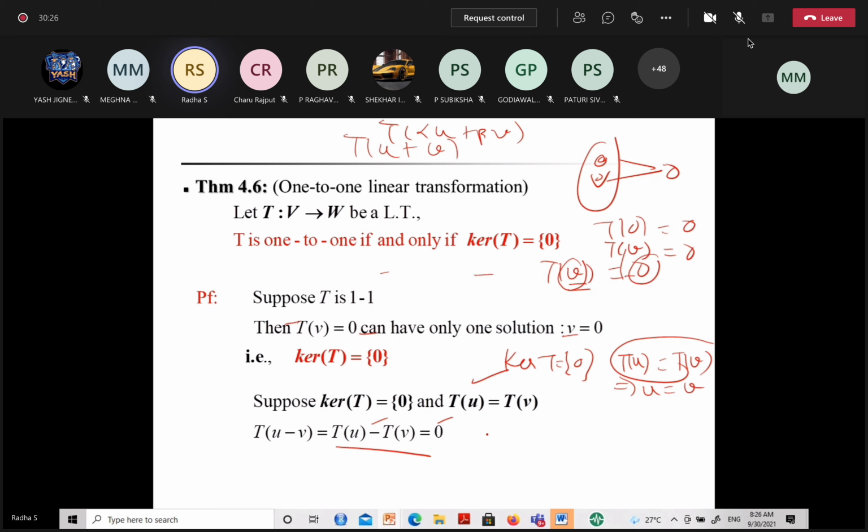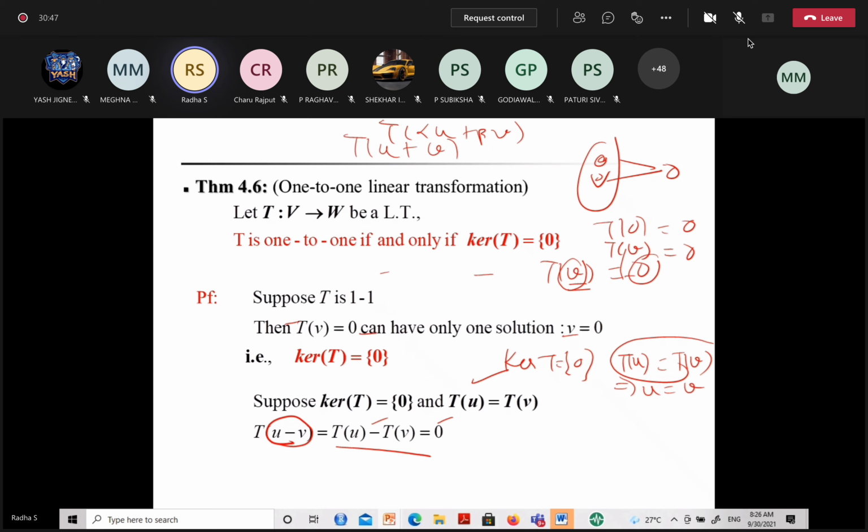So what can you say? But kernel has only one element. What is that element? 0. So U minus V is 0. So U equal to V. The same concept I used in a different way for the first proof, but that was confusing.